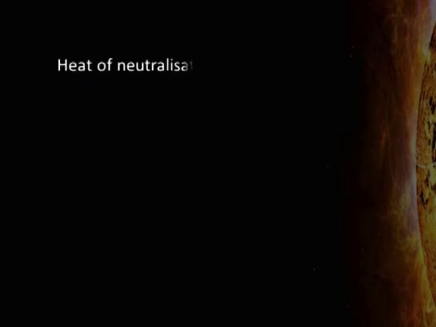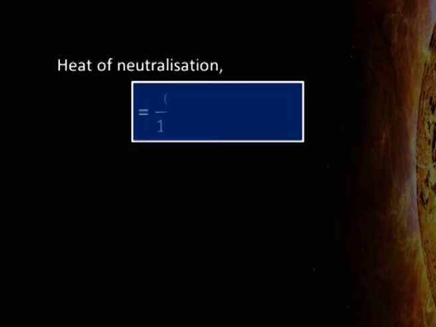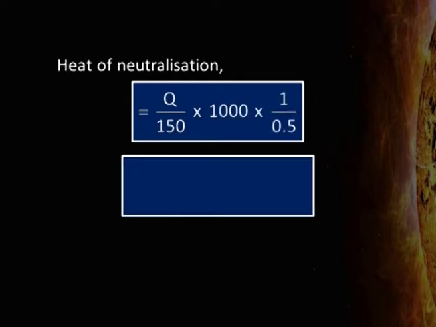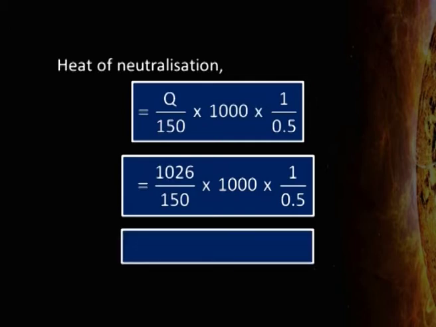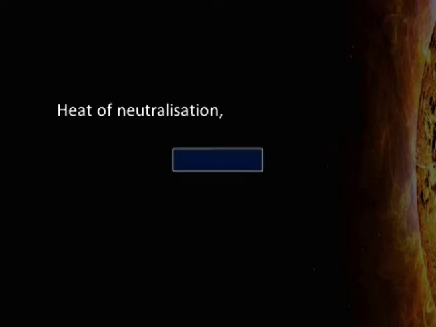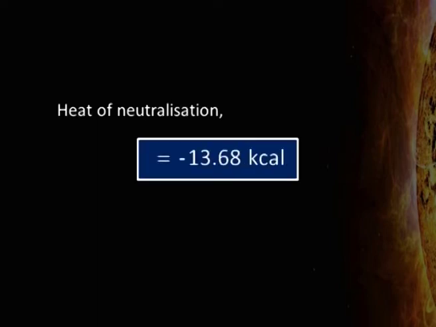Now, the heat of neutralization will be equal to Q upon 150 multiplied by 1000 multiplied by 1 upon 0.5, which is 1026 divided by 150 multiplied by 1000 multiplied by 1 upon 0.5, which is equal to 13.68 kilocalories. As this is the heat liberated, the heat of neutralization will be equal to minus 13.68 kilocalories.